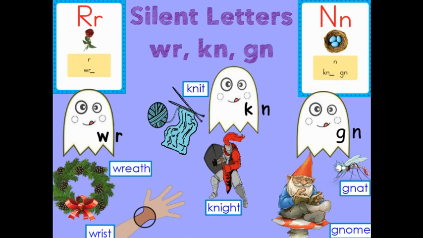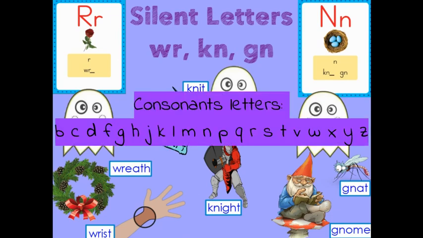Consonants are all the other letters in the alphabet that aren't vowels. The consonant letters are B, C, D, F, G, H, J, K, L, M, N, P, Q, R, S, T, V, W, X, Y, and Z.